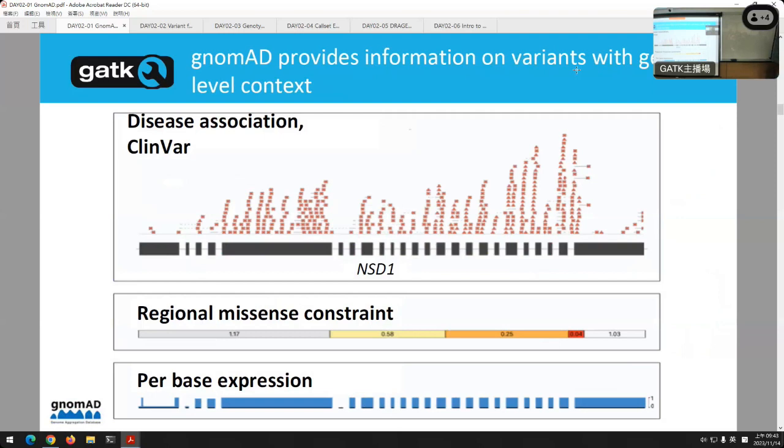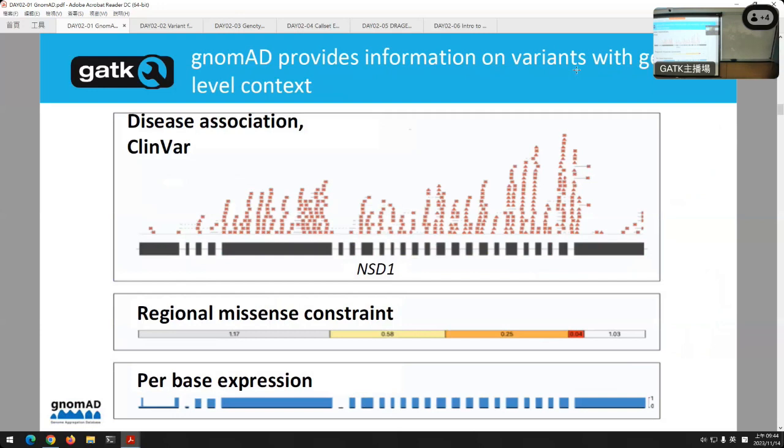And the last thing on this slide is per base expression. This is from the Genotype-Tissue Expression Consortium, or GTEx. It's saying, in RNA transcripts that were sequenced from various tissues, how often is this particular base of DNA actually expressed in RNA in those tissues?